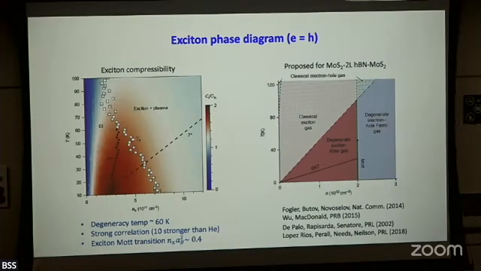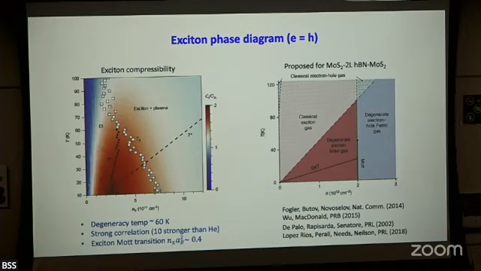Let me get back to your question of what's happening here. This is the tip of the triangle. You can read out the density of that tip and look at the exciton binding energy in the limit of very low density, or you can convert to Bohr radius. And this factor is 0.4.